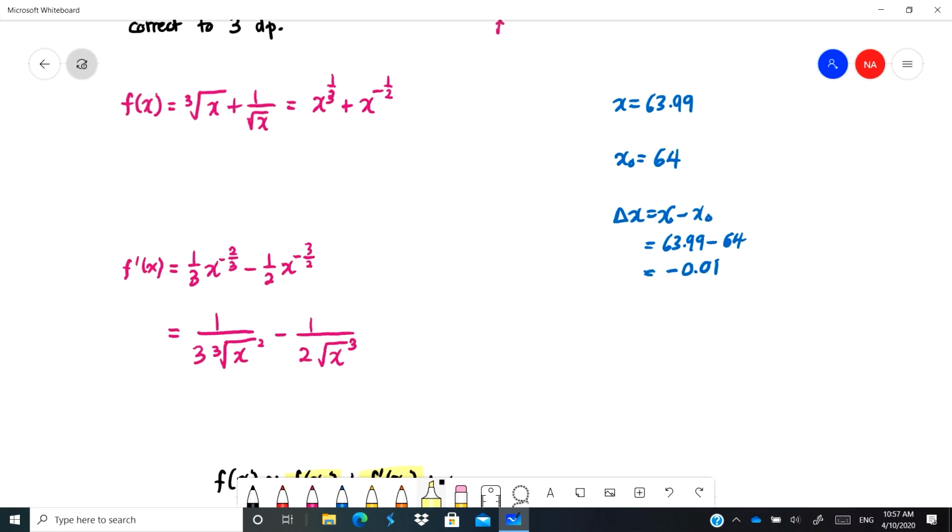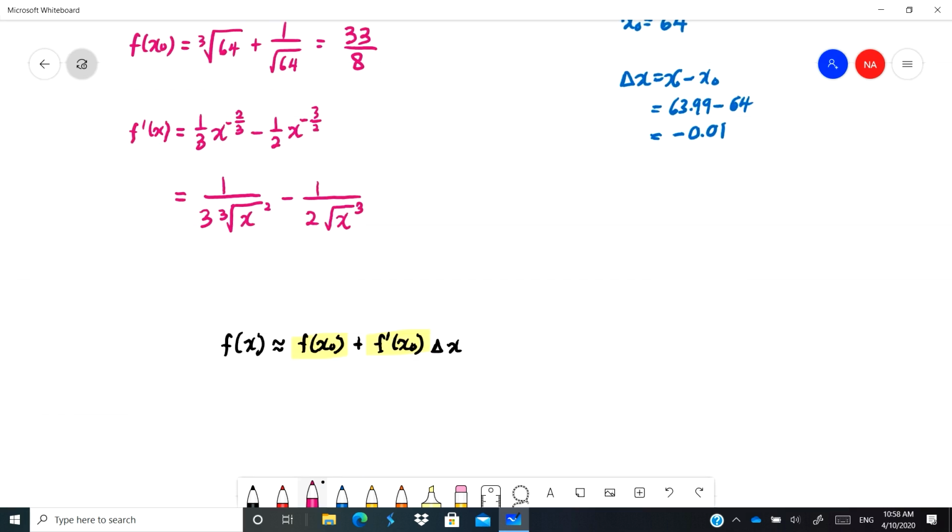So we have to substitute the value of x naught into these two formulas. Okay, so we want to find f(x naught). So f(x naught) is actually given by cube root of 64 plus 1 over square root of 64. So we'll have something like 33 over 8, all right?